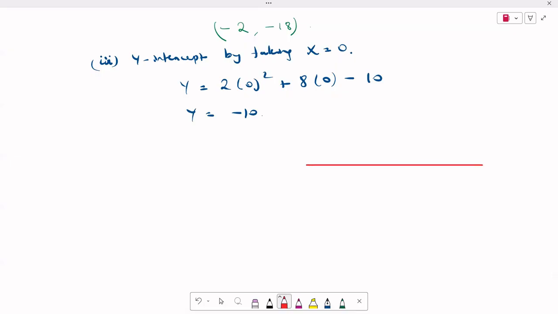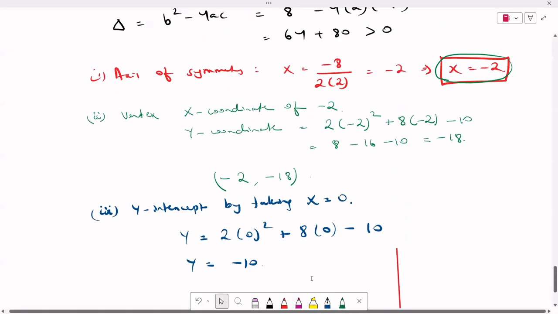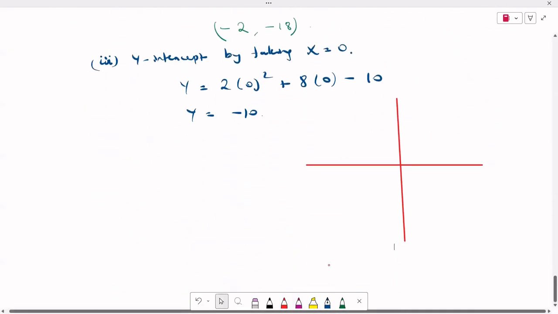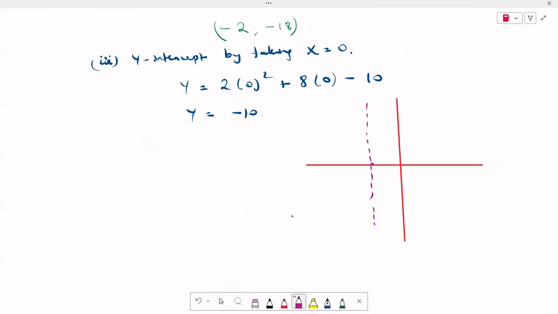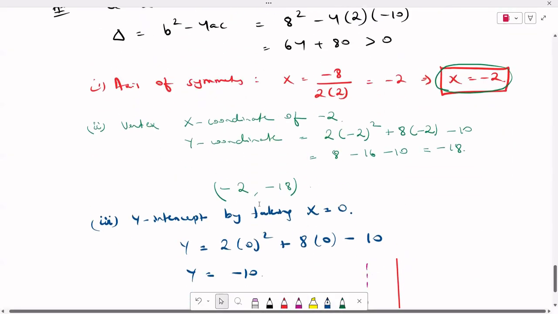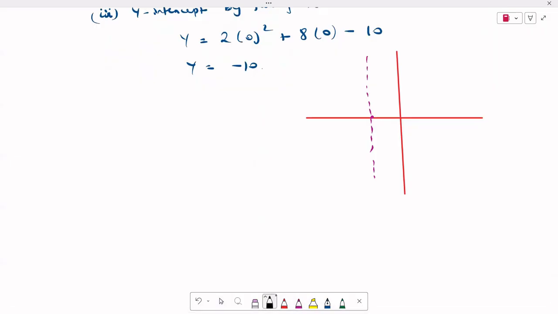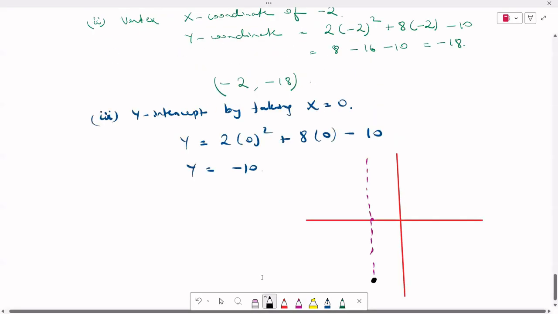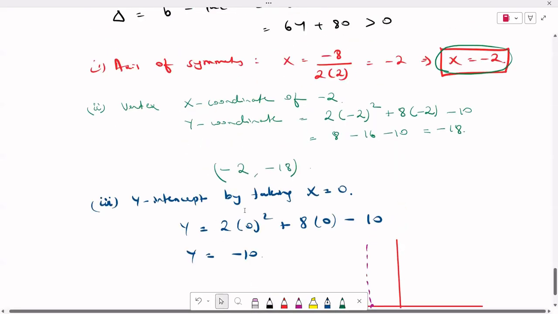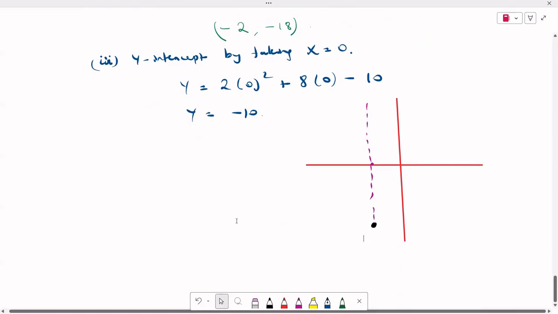Over here, this is my Cartesian plane. I know the axis of symmetry is the line x = −2. Yes, it's x = −2. Point number 2, the vertex has coordinates (−2, −18). Let me assume that (−2, −18) is somewhere around here. And I know that the y-intercept is −10, which lies somewhere around here.